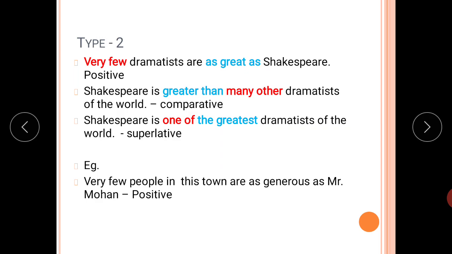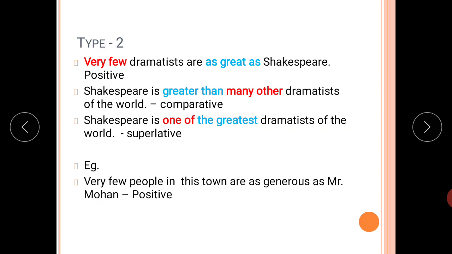Yes, Shakespeare is one of the greatest, but you can't say he is the greatest dramatist. Like Shakespeare, there are few other dramatists. That's why this is the second type, wherein we start not with "no other", but with "very few". That's the keyword which I've given you in red. Very few dramatists.